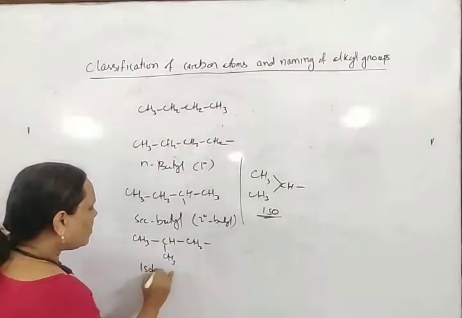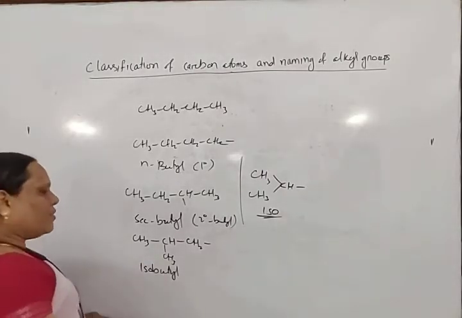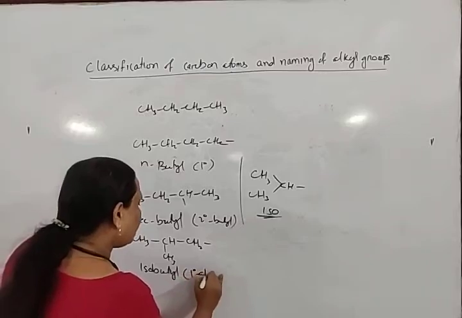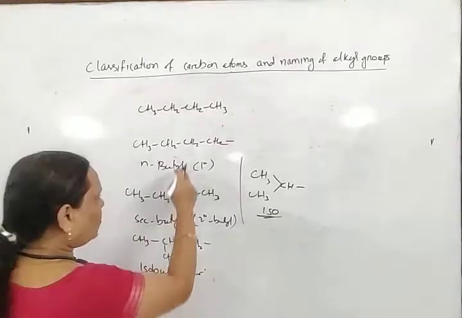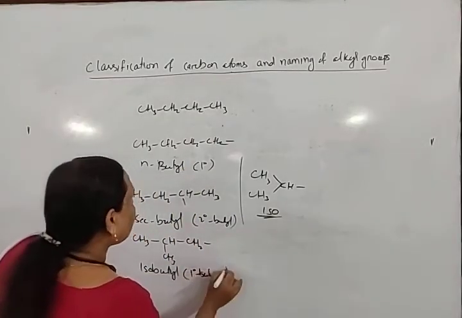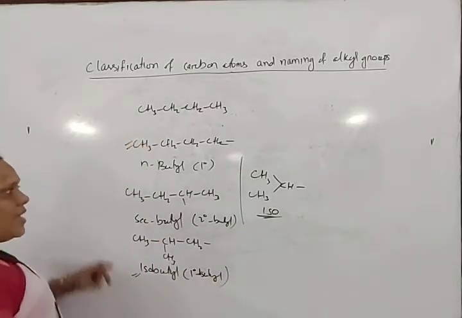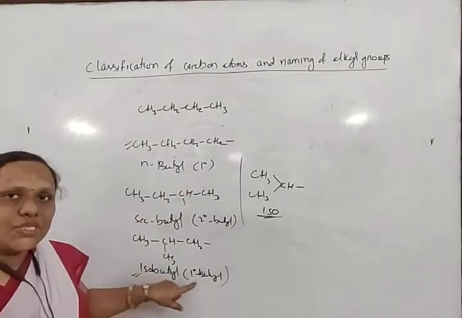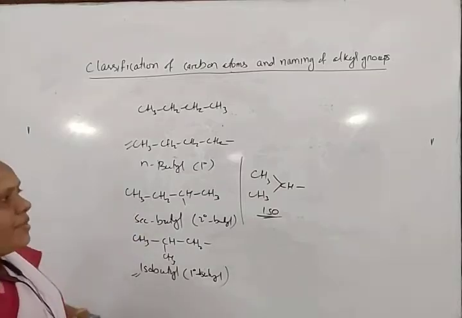This is known as your isobutyl group, and it is a primary alkyl, or we can say primary butyl. So there are two types of primary butyl: this one is known as n-butyl, this one is known as isobutyl. Okay, and this is secondary butyl.